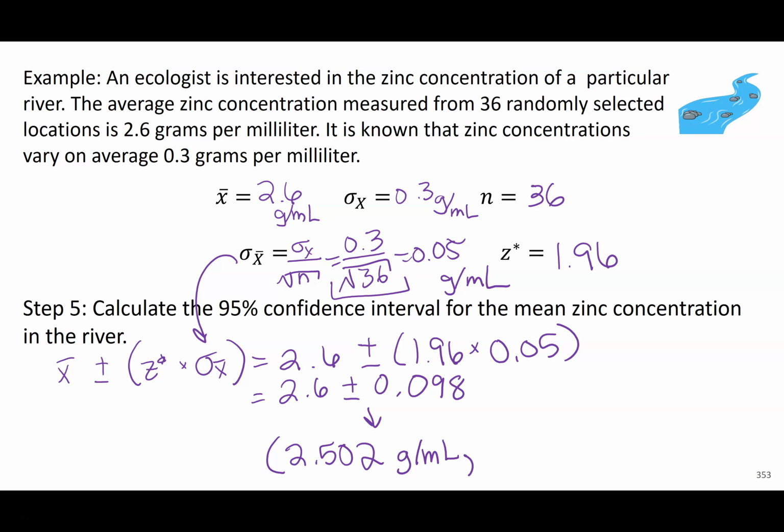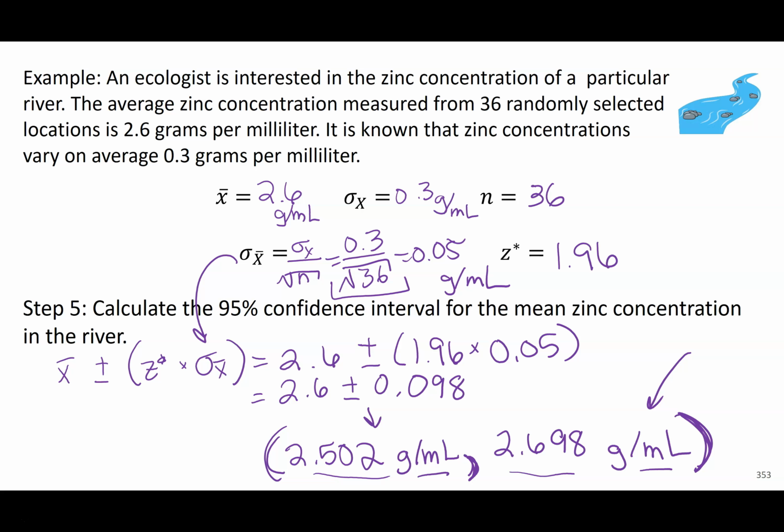Then 2.6 plus 0.098 is 2.698 grams per milliliter. This is interval notation. If we say, write out the confidence interval in interval notation, this is what we mean: parentheses, lower number with units, comma, higher number with units, parentheses. So that's what we'll want.